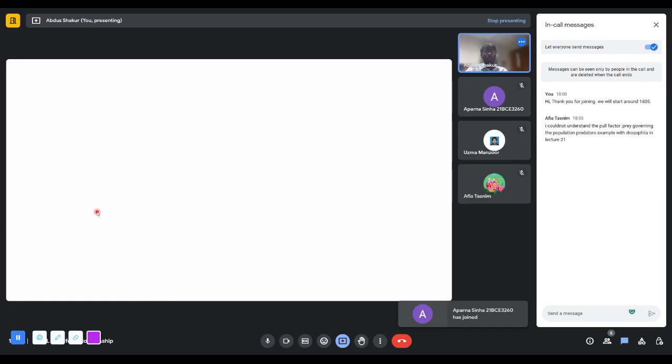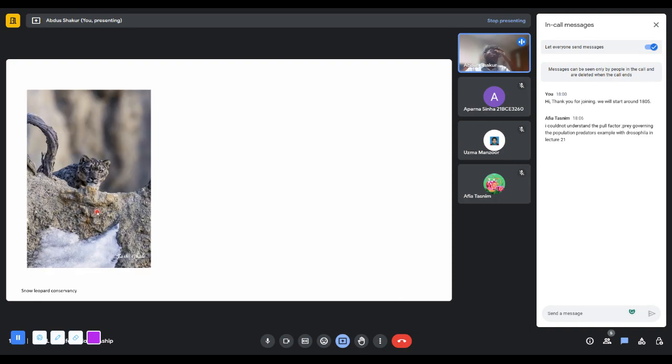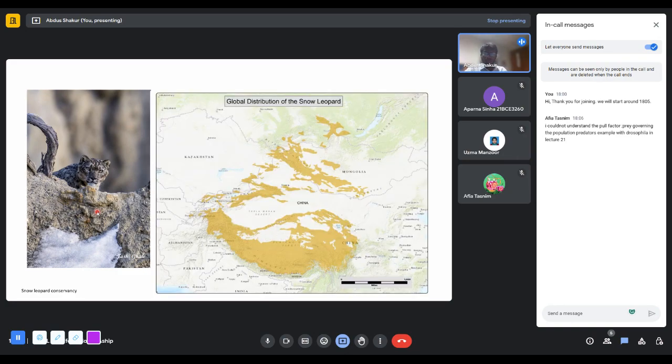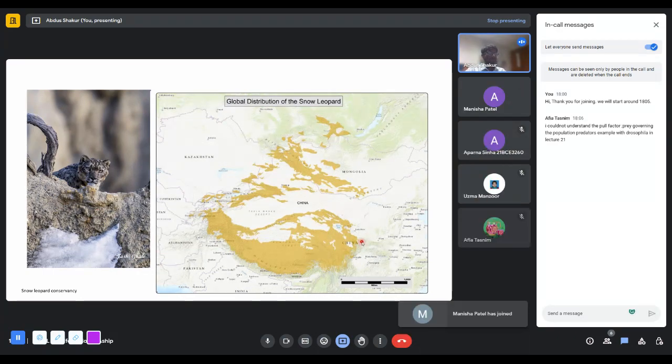So let's go back to the snow leopard example that we discussed in the first session. Where is the snow leopard distributed? This is the global distribution range of the snow leopard. The area shaded in yellow is the region that currently has snow leopards.